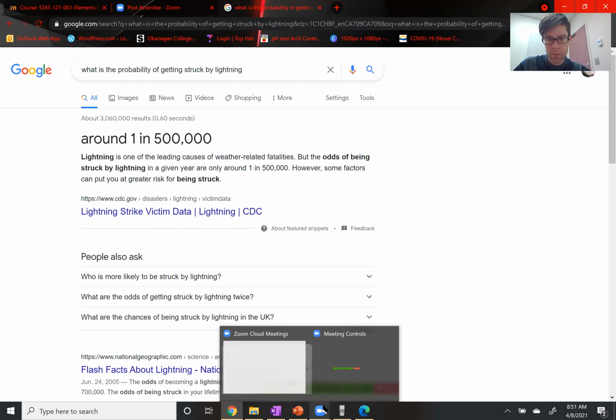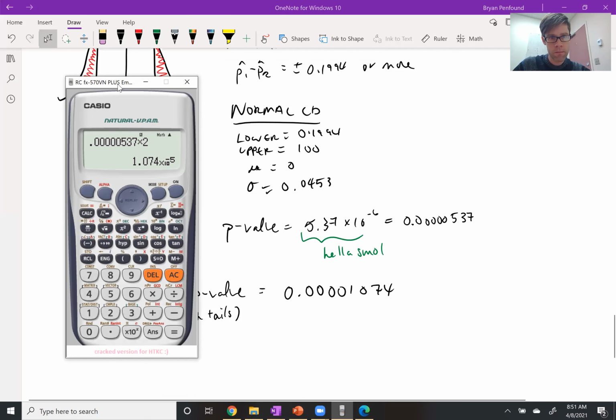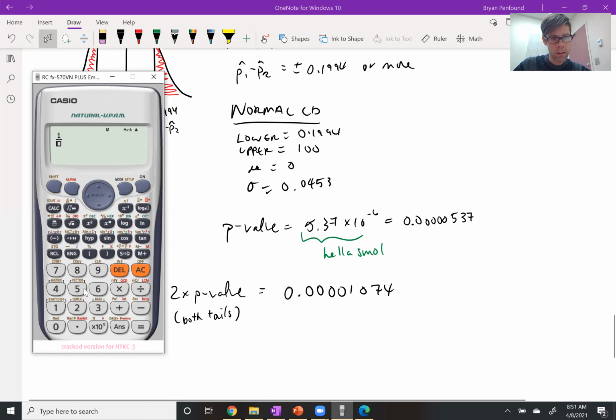Let's see what that probability actually is. 1 in 500,000. Decimal number. Okay. Maybe getting struck by lightning is a little bit less of a chance.